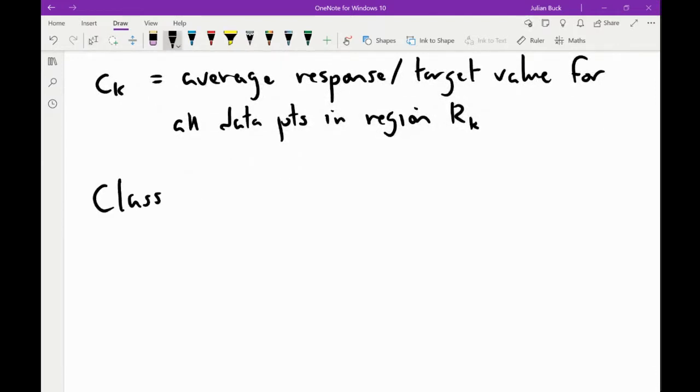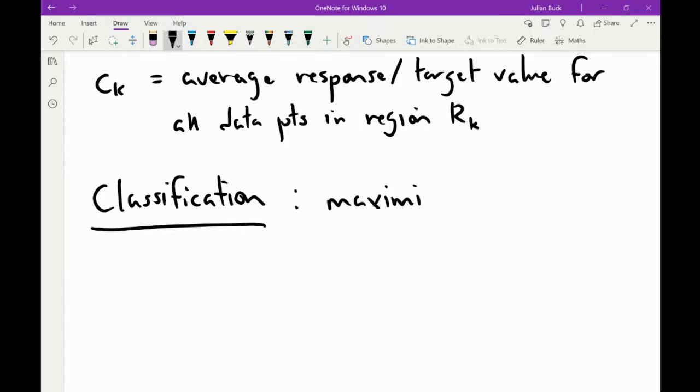Now for classification, what we want to do is maximize the reduction in a loss function. So we're going to have a loss function, and we want to make it go down by as much as possible.